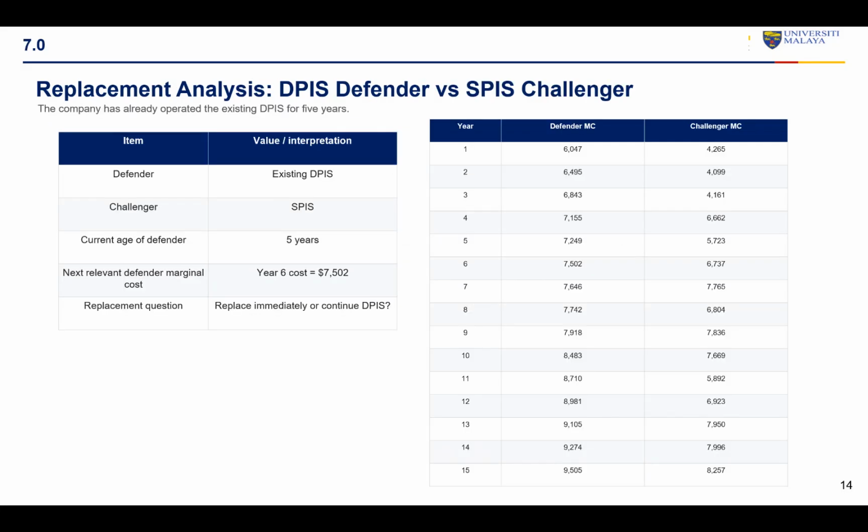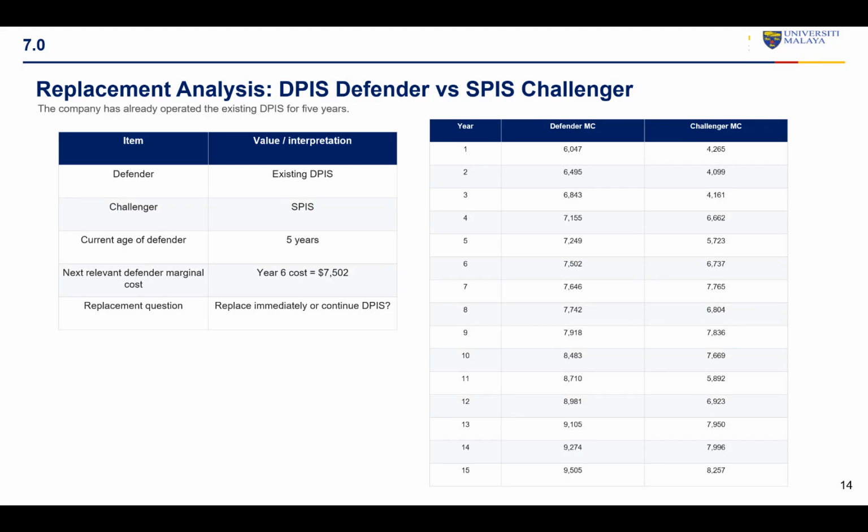The second task is the replacement analysis. Here, the existing DPIS is treated as the defender and the SPIS is treated as the challenger. The company has already operated the existing DPIS for 5 years.